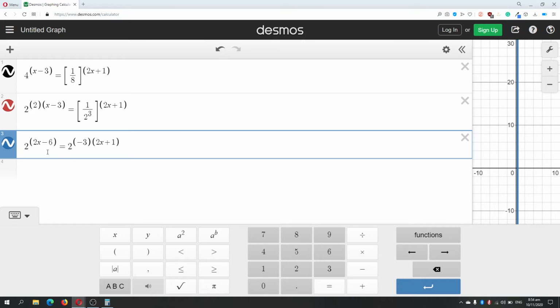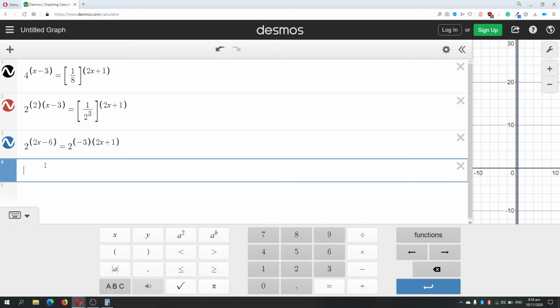Since parehas na yung ating base form, kunin na natin yung ating mga equation. That is 2x minus 6 is equal to, i-multiply na natin to, negative 6x minus 3. Then, simplify.